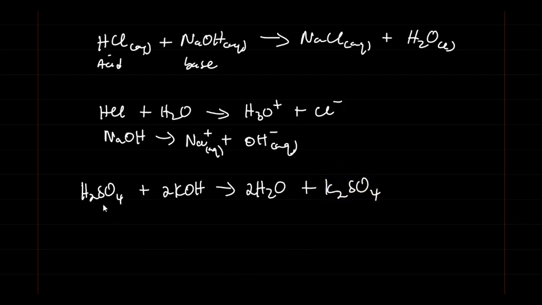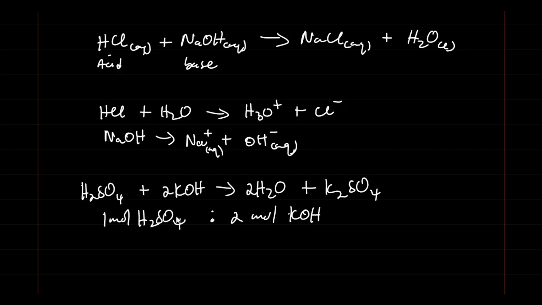Okay, so now you will notice that for 1 mole of H2SO4, I need 2 moles of potassium hydroxide. So at the equivalence point, in order for me to have a complete reaction between the acid and the base, I need 1 mole of sulfuric acid and 2 moles of KOH, right?